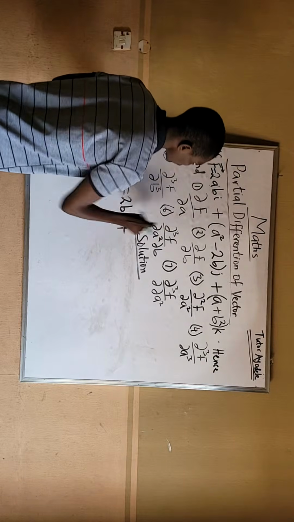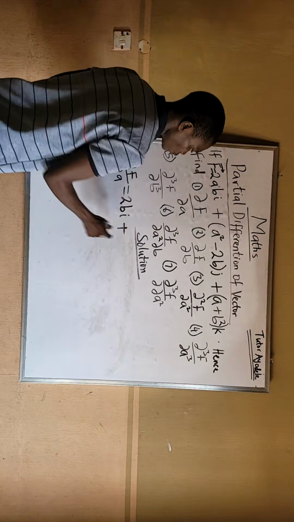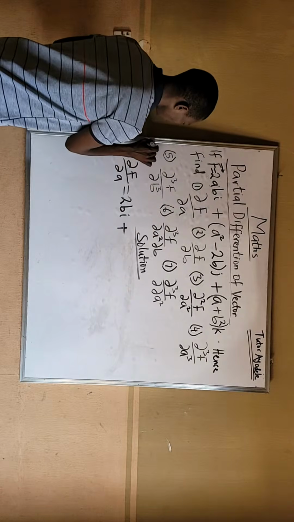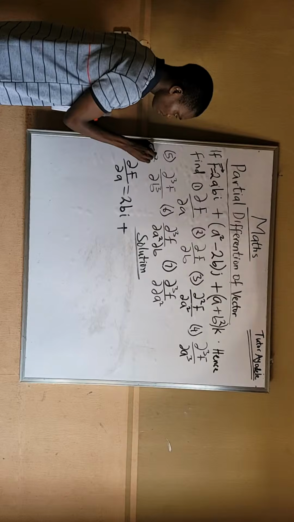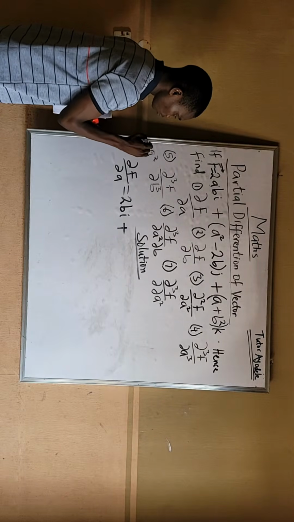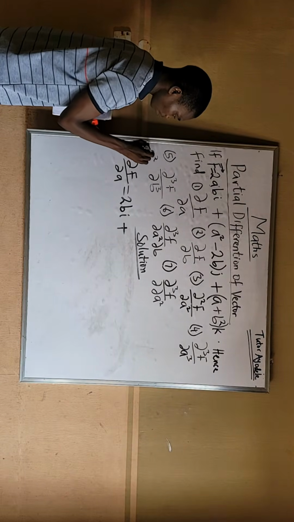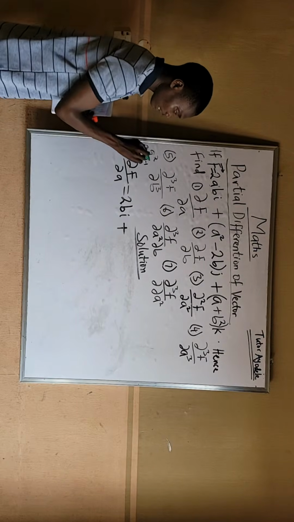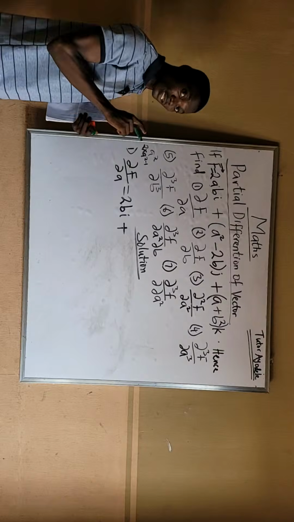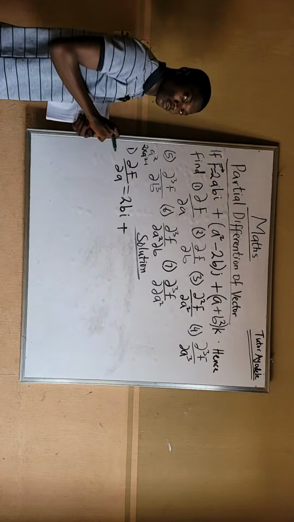Plus, I'm differentiating a raised to the power of 2. I will use this 2 to multiply it, to be 2 times a raised to the power of, instead of writing 2, I will subtract 1 from it, because anytime you differentiate, you subtract 1 from the power.